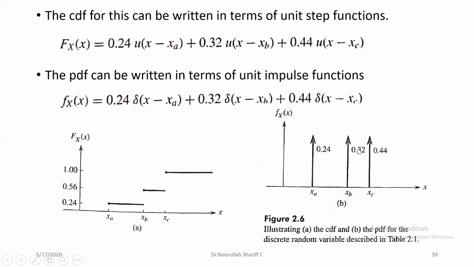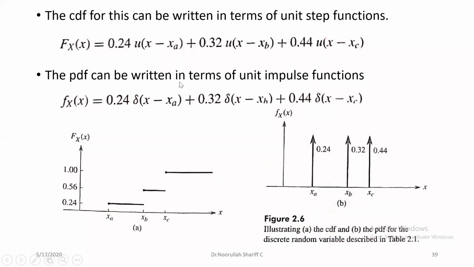The impulse function looks like this, right? The step function will be a straight line. So try to differentiate between a unit step function and the unit impulse function. This is impulse and this is step.